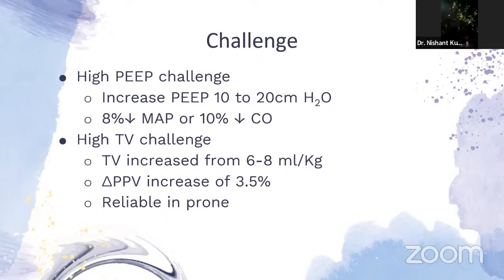Similarly, we increase the tidal volume from 6 to 8 ml per kg to 10 to 12, up to 12 to 14 ml per kg. So a pulse pressure variation increase of 3.5% will tell you that the patient requires fluid. And again, it is reliable in the prone position. Next, please.